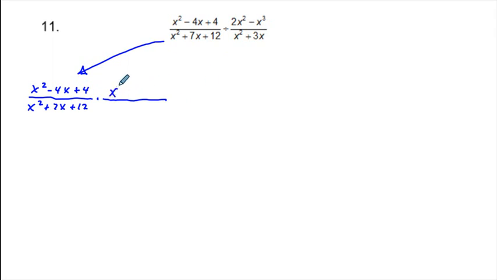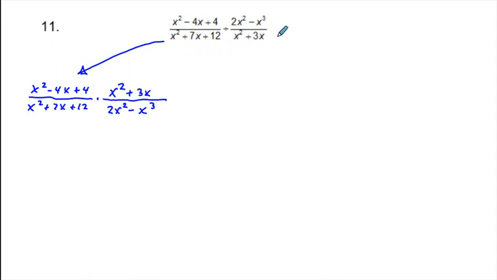So that's going to be x squared plus 3x over 2x squared minus x cubed. And so now we're going to do the factoring.